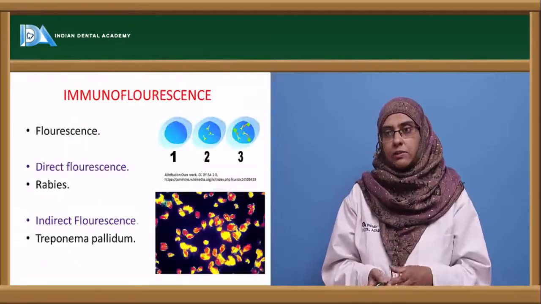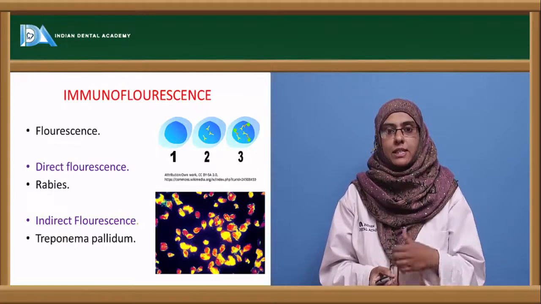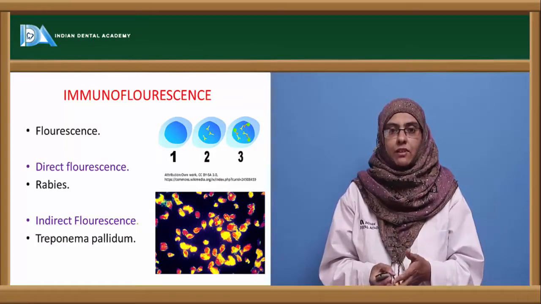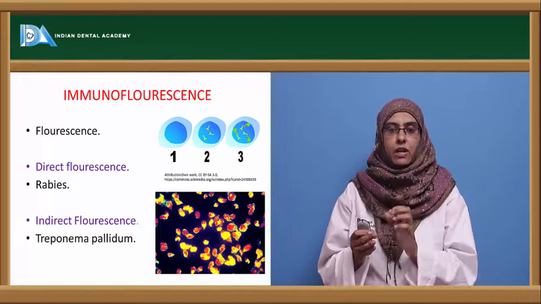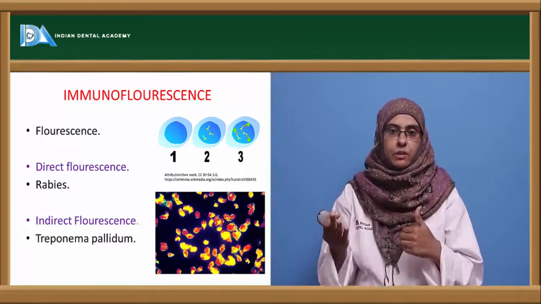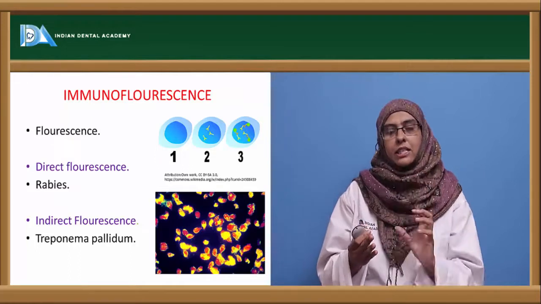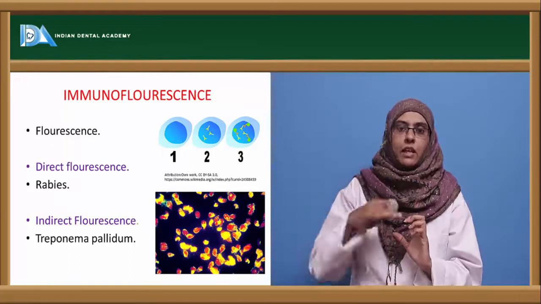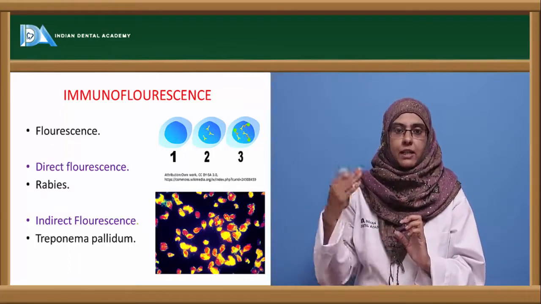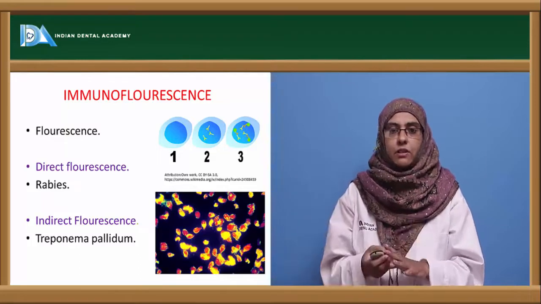Another method that can be used in immunofluorescence is called the sandwich fluorescent technique, where the antigen will be sandwiched between two types of antibodies. So first there is an interaction between antigen and antibody. Towards this antigen antibody complex, you have another antibody going and interacting which is already conjugated with the fluorescent dye.